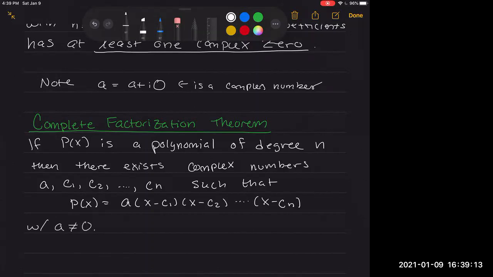This means that any polynomial, when we're including complex numbers, can be completely factored, which is a really nice thing to know because it will let us write all of our zeros down.